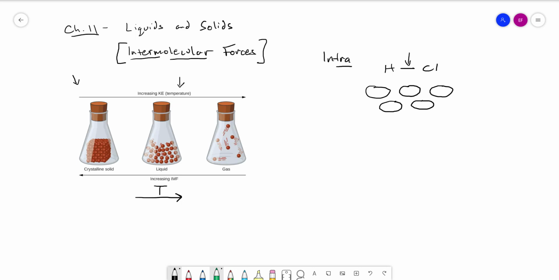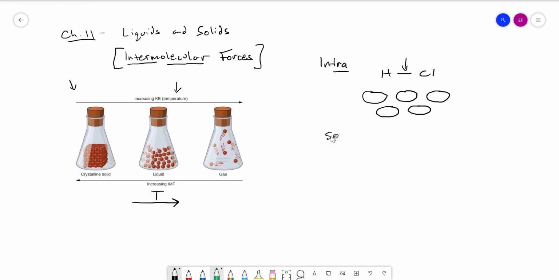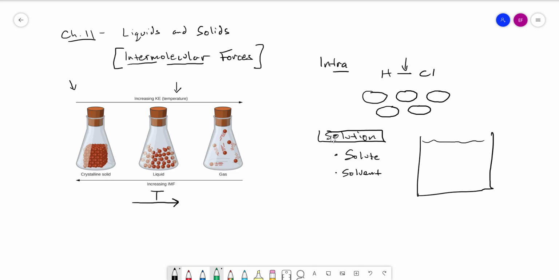So when we talk about solutions, I think we all have an intuitive idea of what a solution is. But a solution requires the definition of a couple key terms, one being the solute and the other being the solvent. The solute is the substance that's being dissolved.